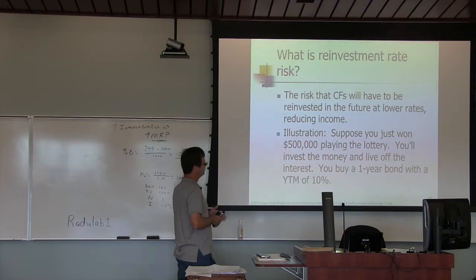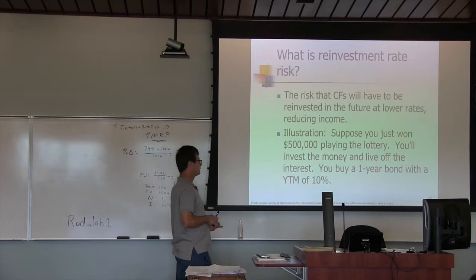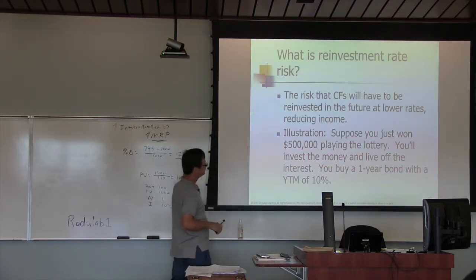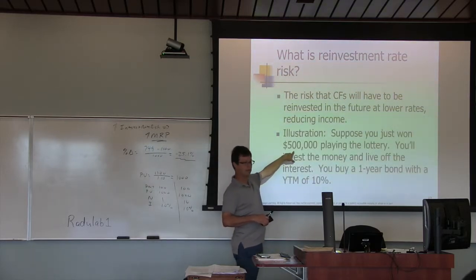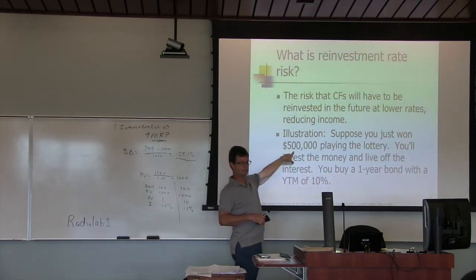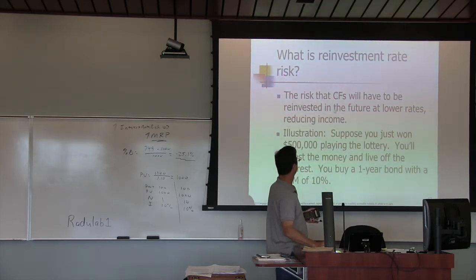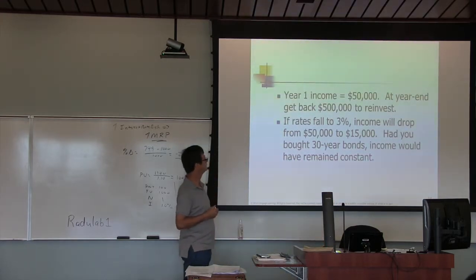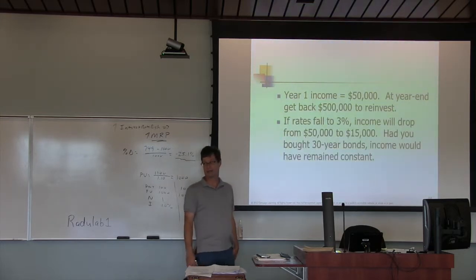So let's say you won $500,000 playing the lottery, you invest the money, you want to live off the interest, you buy a 1-year bond with a 10% yield. Well, you're going to get $50,000 that year, right? You'll have $50,000 to live off of. Problem is, the next year, interest rates fall 3%, you're only going to get 15 grand out of that, right?